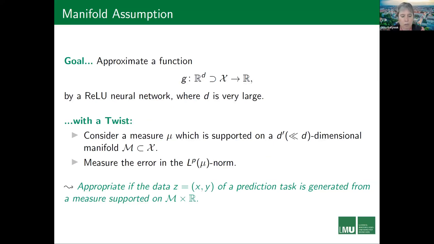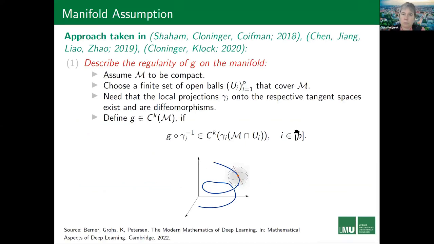There's a constructive way to achieve that, which was used in several papers, and which leads to a rate which only depends on the lower dimension and not on the larger dimension. So this approach is taken in various papers, and the way it goes is as follows.